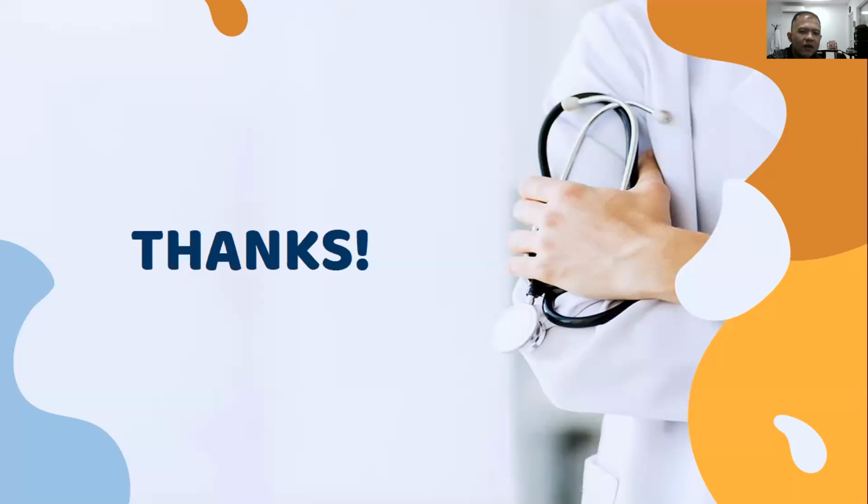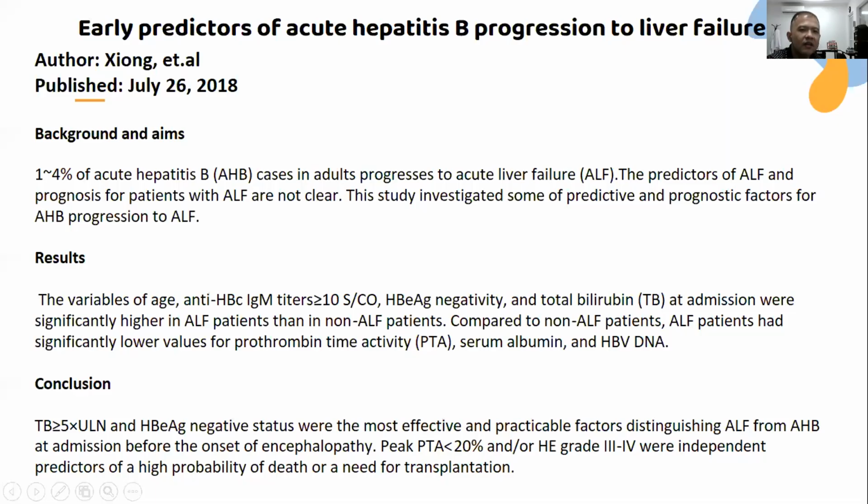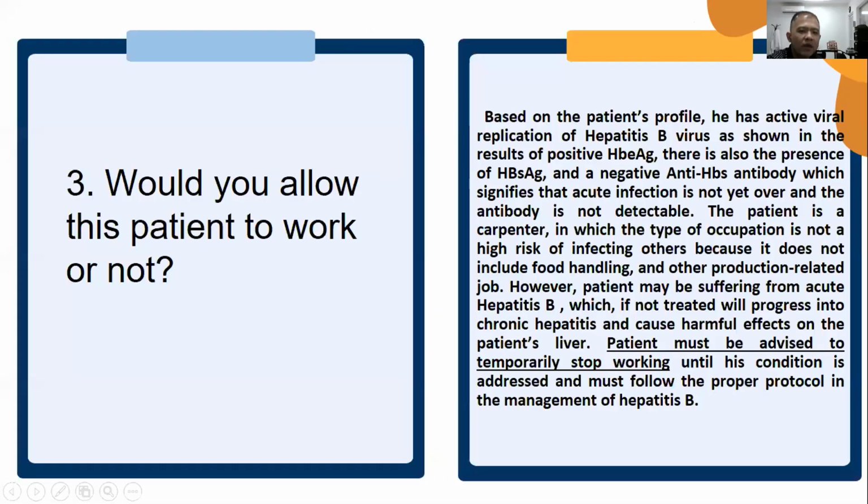Okay, so with regards to the third question, will you allow the patient to work or not? You have a case of acute infectious Hep B that is asymptomatic.